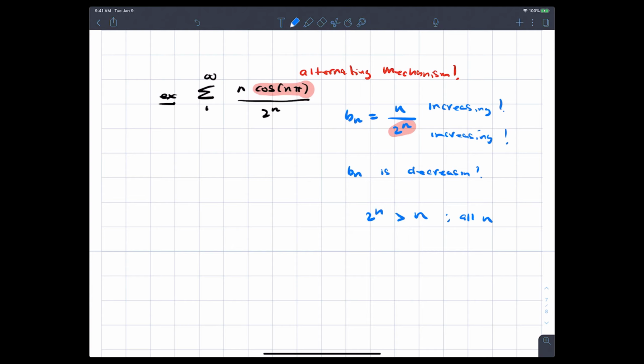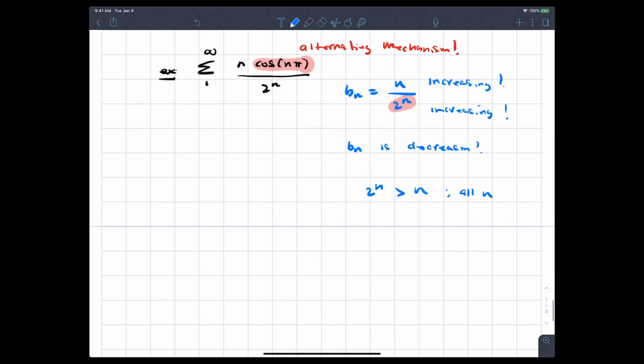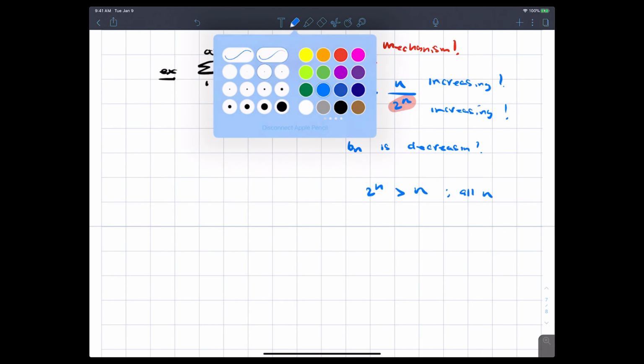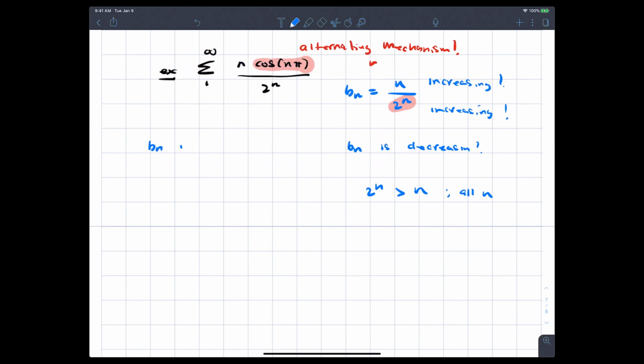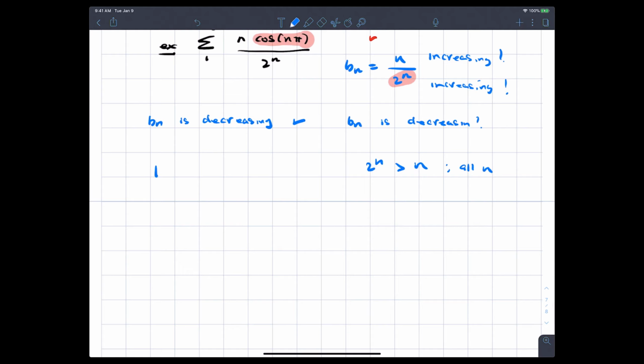So the ratio there, we have a decreasing term for Bn. Now you say, why do I know that? Because I have an alternating mechanism, I have Bn that's decreasing. That's the first thing that we have to satisfy. So we know that. And then we can also now take the limit.